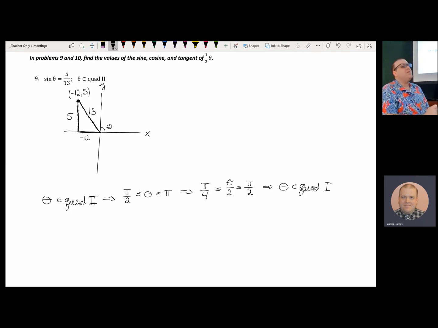This means theta over 2 is in quadrant 1.